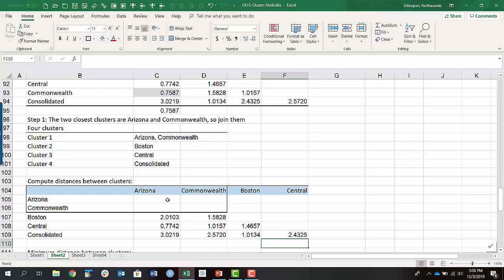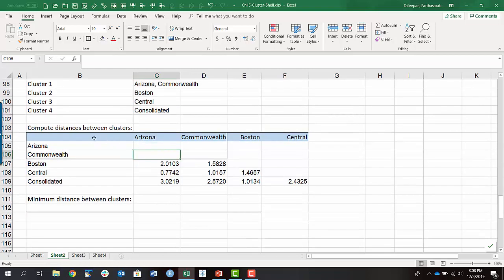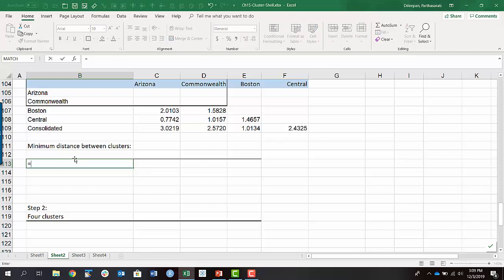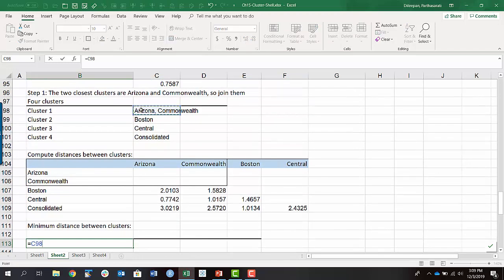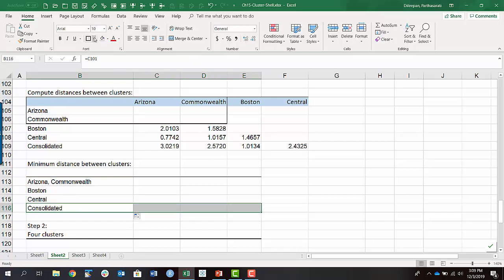Here we don't need the distance inside the cluster with Arizona and Commonwealth. So we have the clusters: Arizona Commonwealth as one cluster, Boston, Central and Consolidated.